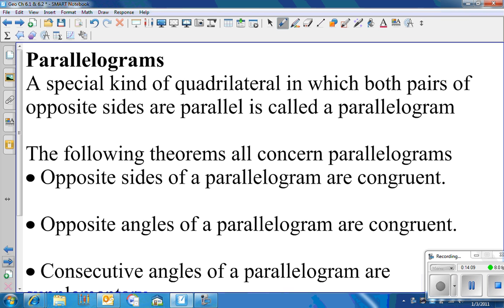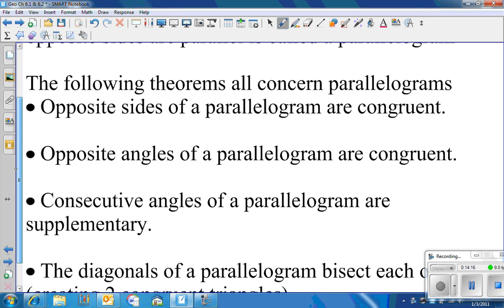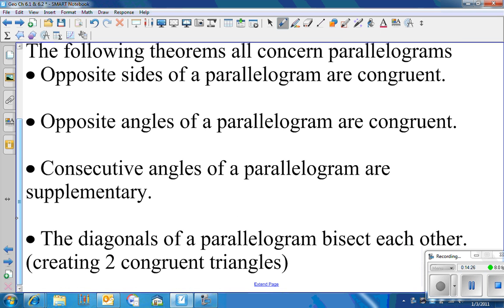If you know opposite angles of a parallelogram are congruent, it's a parallelogram. We know that if it's a parallelogram, consecutive angles add up to be 180. They're supplementary. And in a parallelogram, the diagonals bisect each other, creating two congruent triangles.